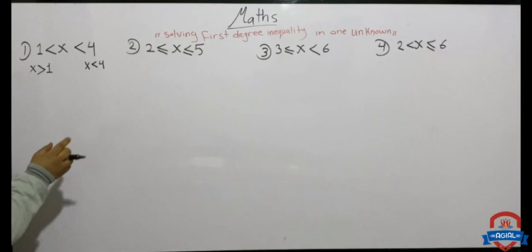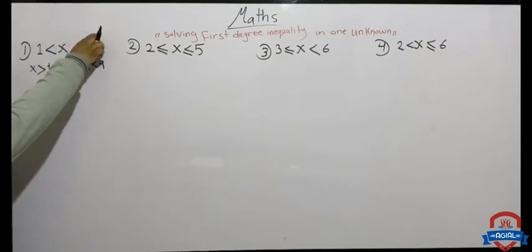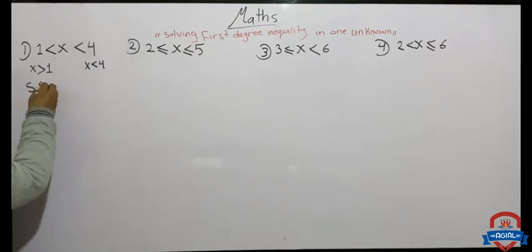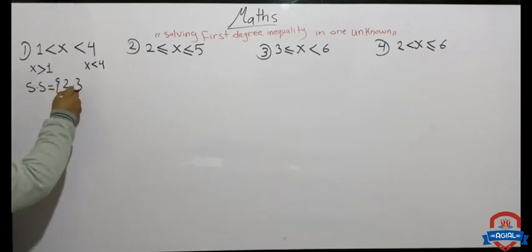So the value of x is all integer numbers between the number 1 and the number 4. So the solution set of this inequality equals the set of 2 and 3.